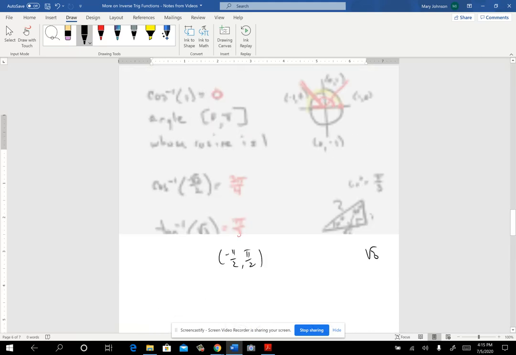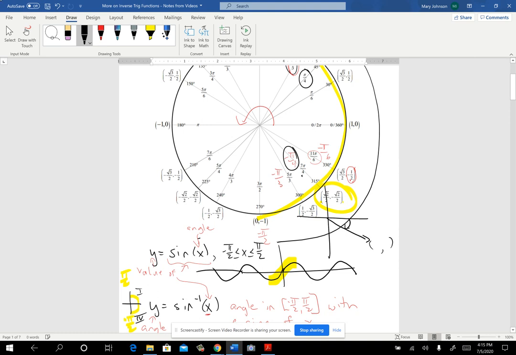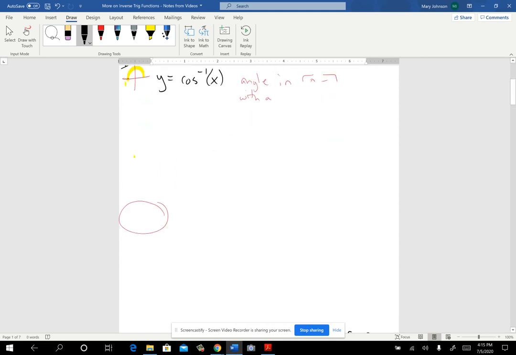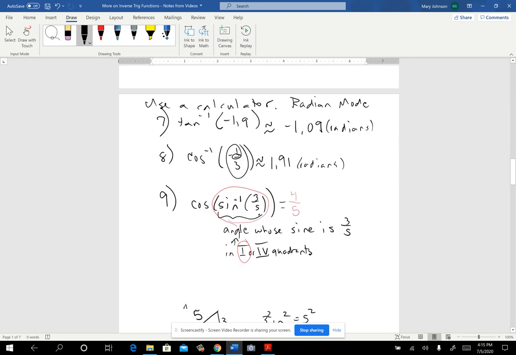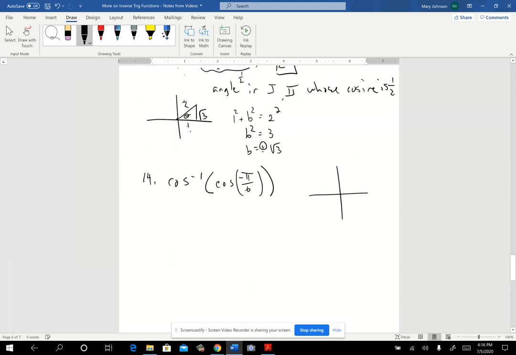So you can go back to your unit circle and think about where you would be. This right here would be negative pi over 6. So on the unit circle, you see the square root of 3 over 2 and the negative 1/2. Okay, so let me just remind you where we're at. We're right here. This was the negative pi over 6. That was square root of 3 over 2 with a negative 1/2. Okay, so the cosine of negative pi over 6 would be square root of 3 over 2.